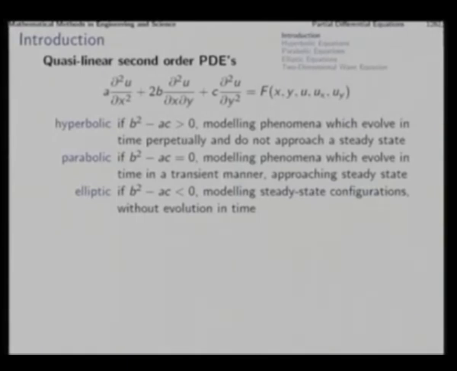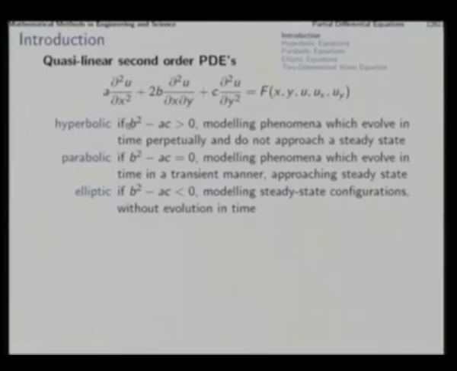Now, you know that if this turns out to be a perfect square, then the corresponding equation is the equation of a parabola. That will happen when b square is equal to ac; in that case the corresponding curve will be a parabola.